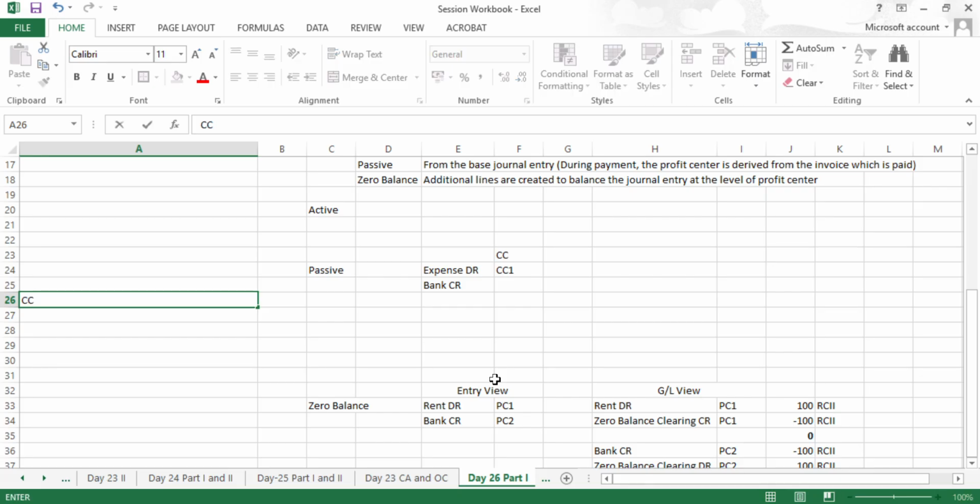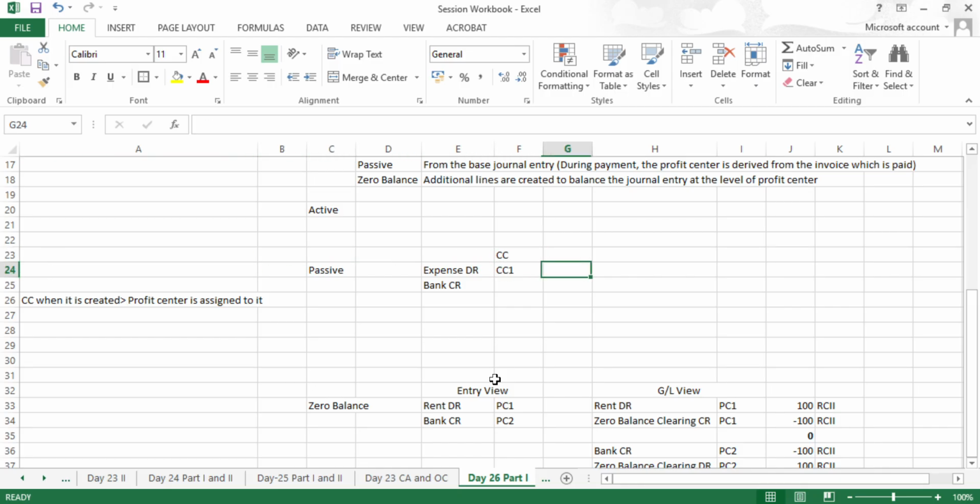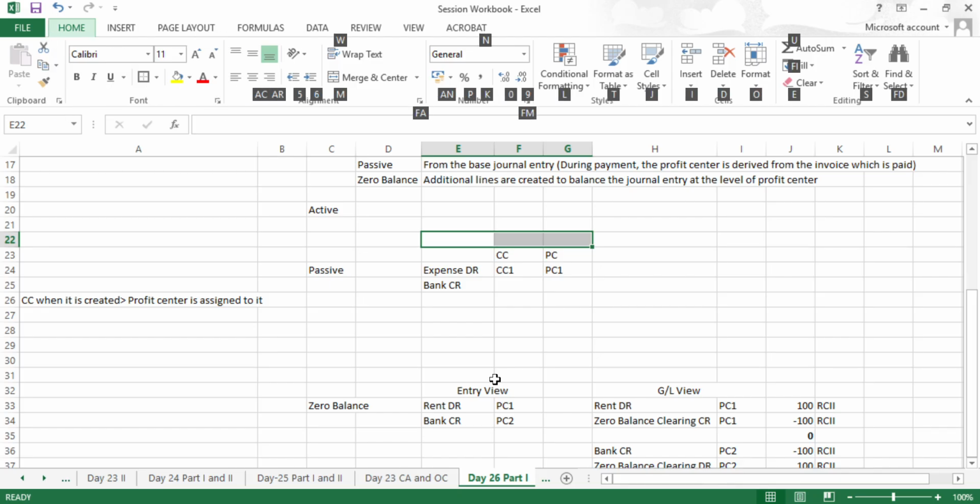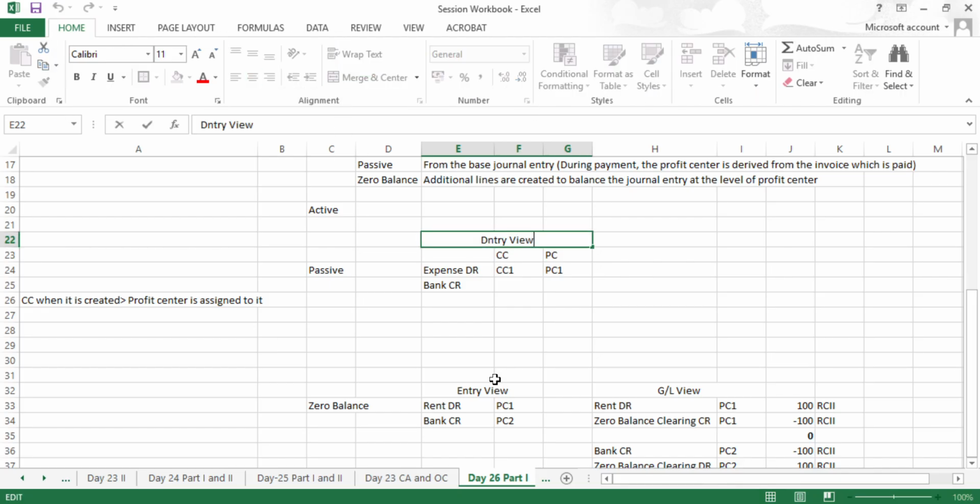Cost center, when it is created, a profit center is assigned to it. So when we assign the cost center, the profit center is derived, let's say PC1, and we do not put any cost center or profit center in the bank line. This is my entry view.